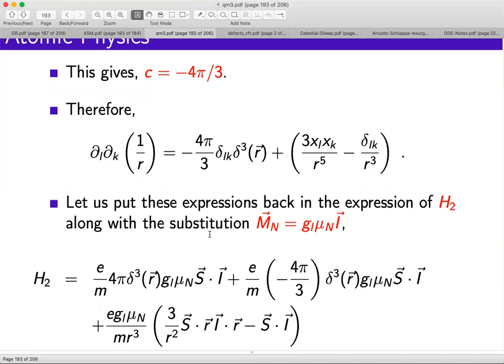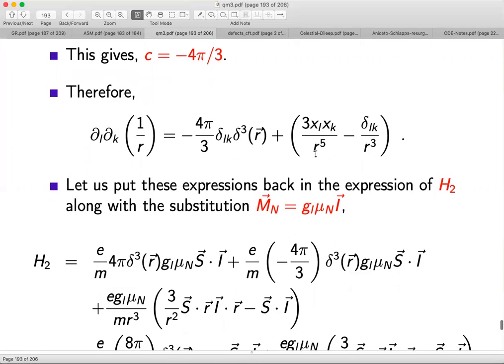The second term comes with minus 4 pi by 3 times E by M times the delta function times GL mu n times S dot I. The last term is again E times GL mu n upon M times R cube. These were the factors sitting around outside. Then you get 3 upon R squared, since I have pulled R cube outside, there's R squared sitting around here. And now you check the expression, maybe.